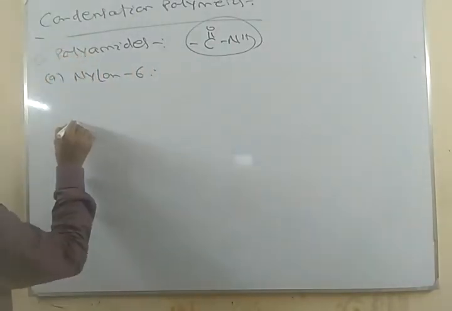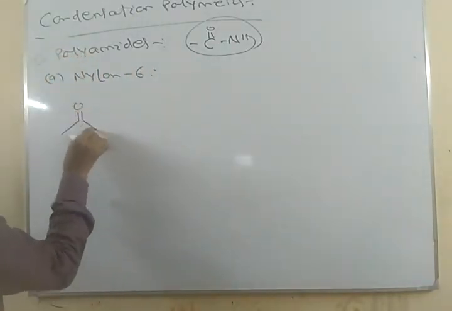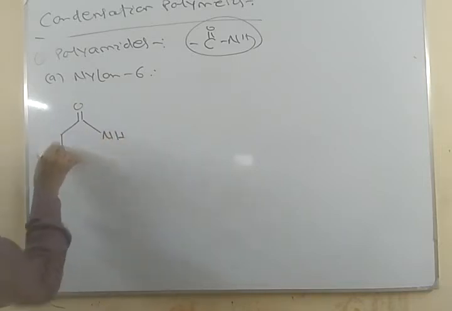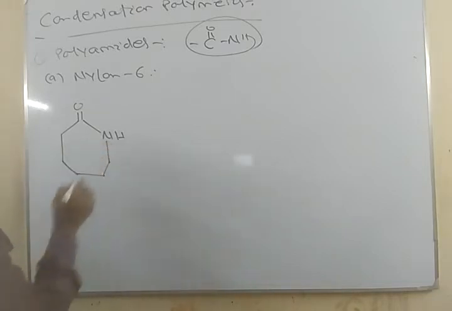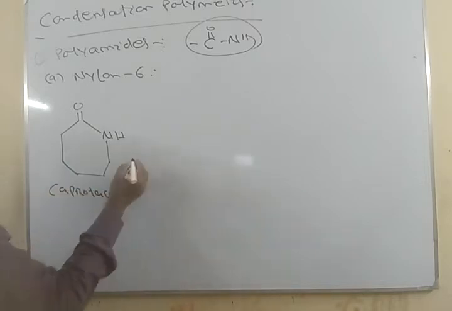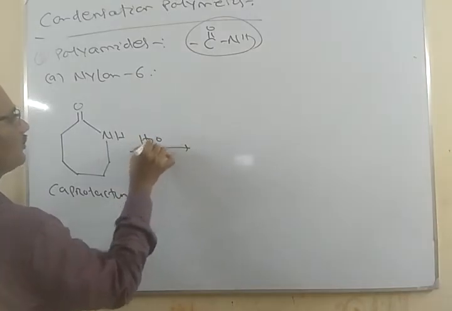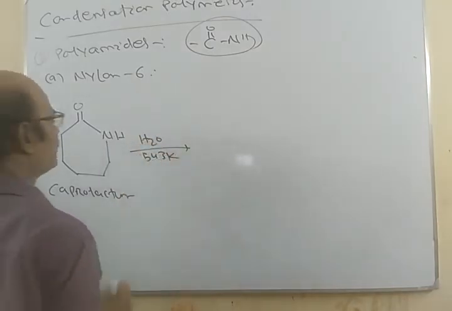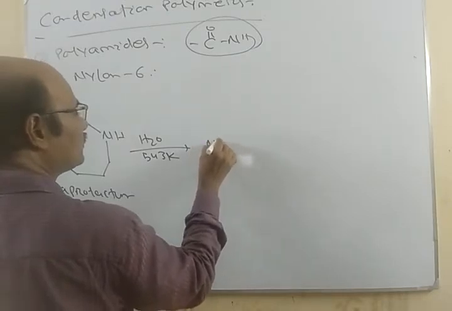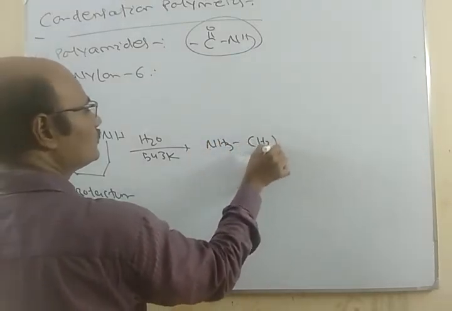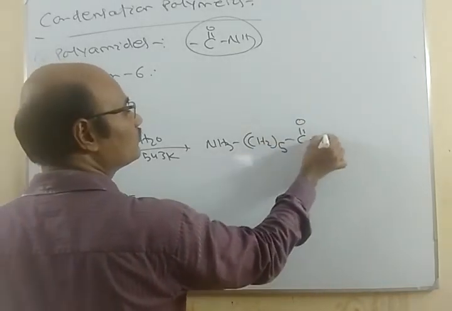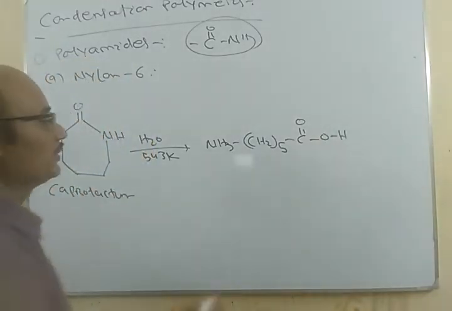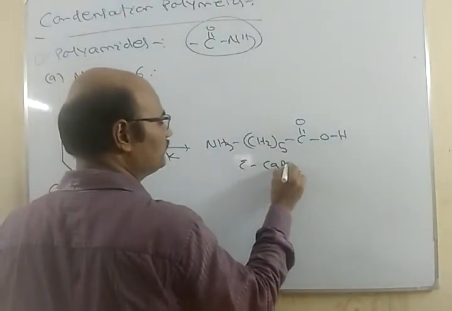See, if I take this with O and NH, this is called caprolactam. So when this is heated with some water at 543 Kelvin, you get NH2 (CH2)5 C double bond O OH. This is called epsilon-aminocaproic acid.